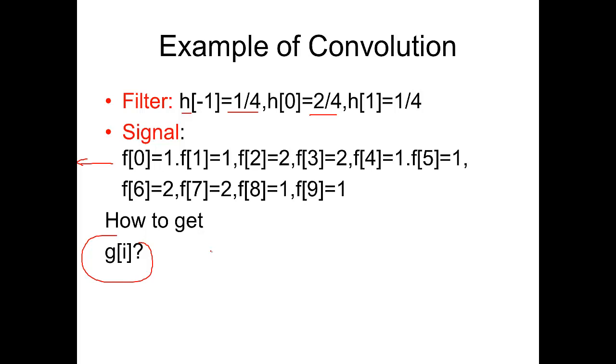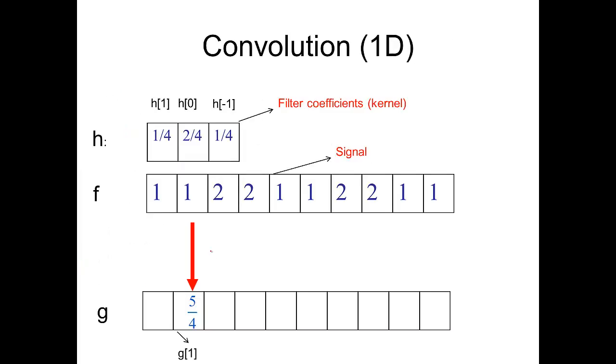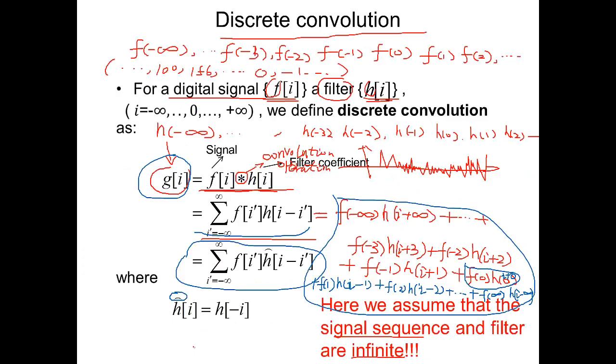To understand the concept, we can use a simple way. First, let you understand how the equation works. We write h as follows. h has 3 values. Then we write f also as shown here. Then how to get g? First, let's see how to get g1. In the equation, i will be equal to 1.